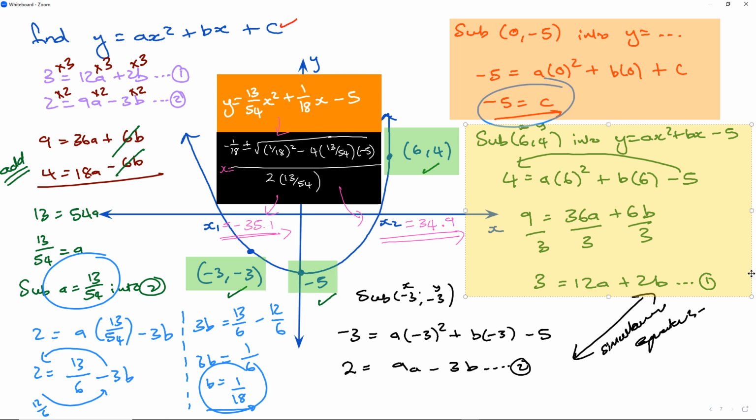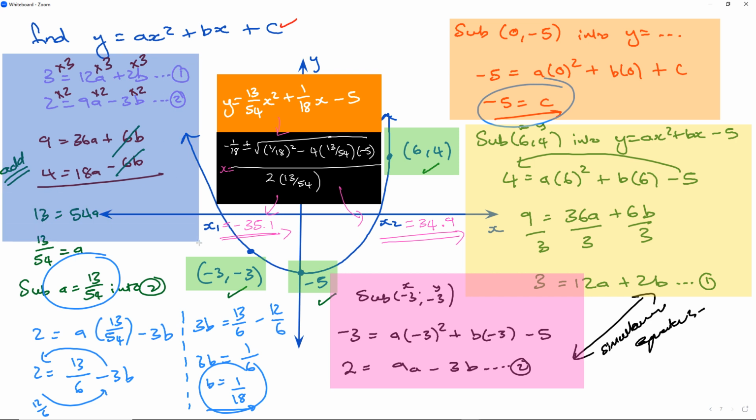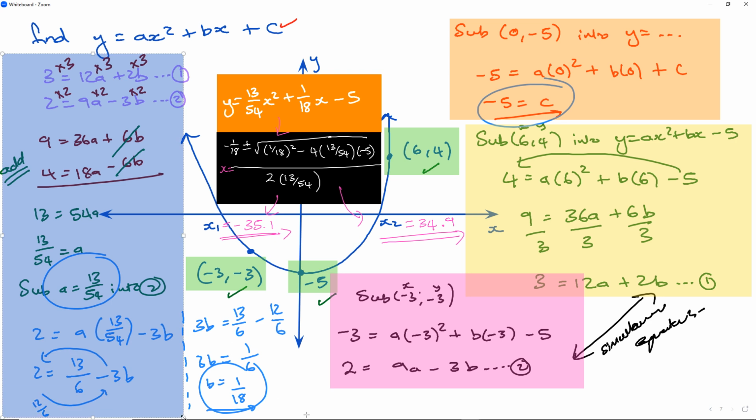Then we substituted another point in there, and we got equation 2 in terms of a and b. Actually we substituted all 3 points in, and we got the two equations and we solved them simultaneously using the process of elimination, getting my a value, and then after that substituting it into one of the equations, getting my b value.